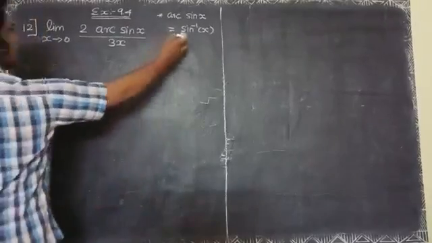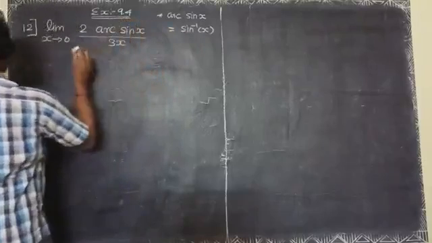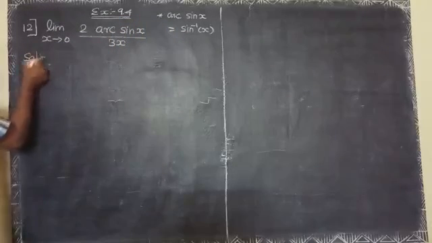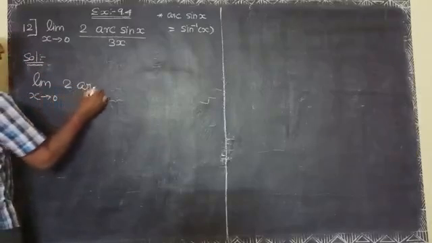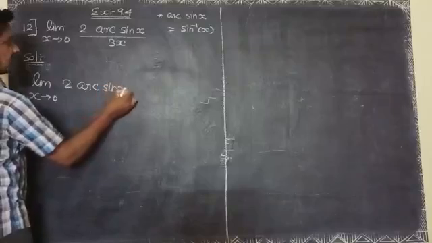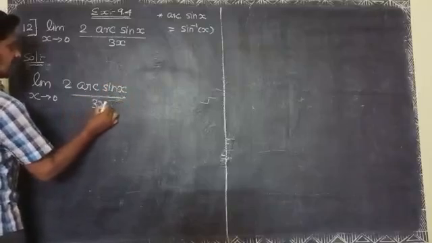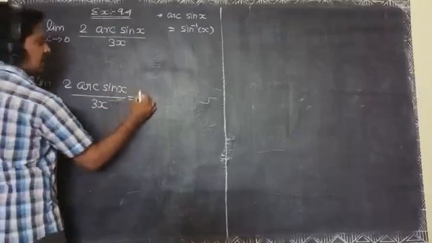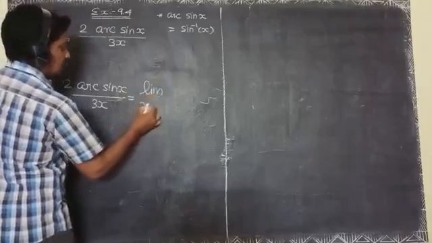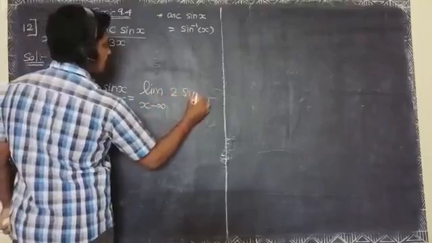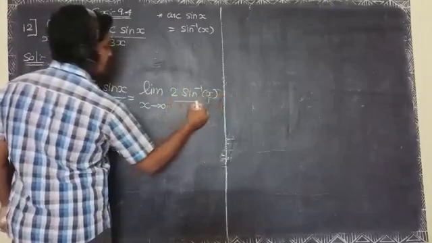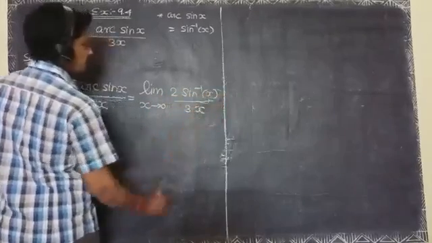So using this in the given function, limit x approaches 0 of 2 arc sin x divided by 3x is equal to limit x approaches 0 of 2 sin inverse of x divided by 3x.